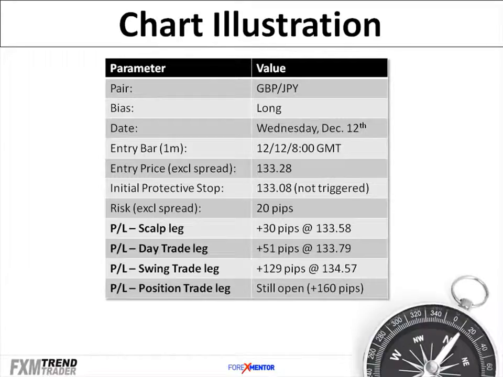But if your alternative is a single lot all or nothing, then of course you have to divide that 370 pips by 4, which would be about 93 pips. So it just comes down to the size of your trading account and lot sizing.